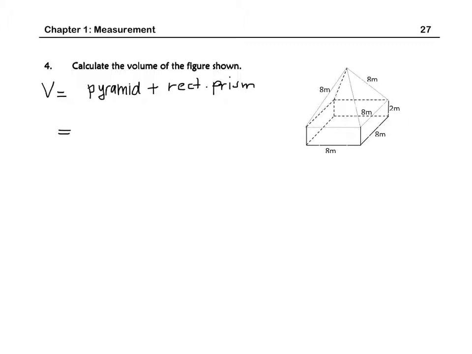So the volume of the pyramid, the base is a square base, so it would be 8 by 8. And we don't have the height of that pyramid, we need the height for the volume. So we would need to calculate the height.